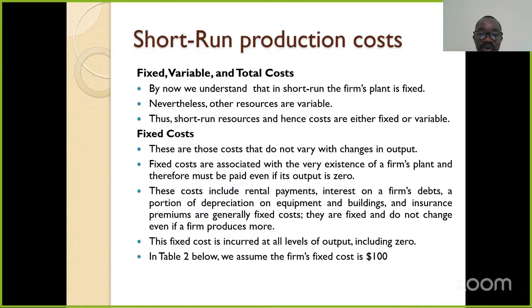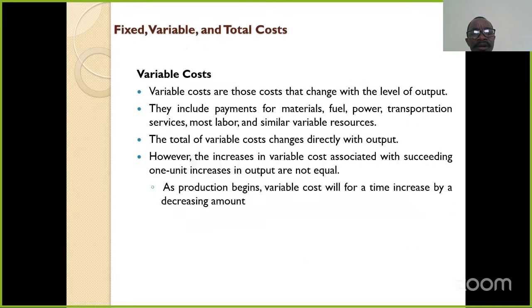Costs, for example, rental payments, interest on the firm's debts, and insurance, are generally fixed. On the other hand, we have variable costs that do vary with the level of output.